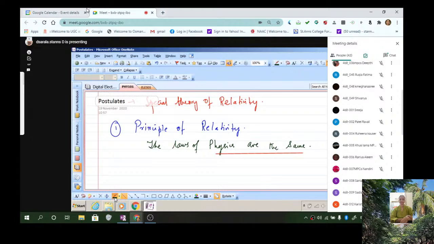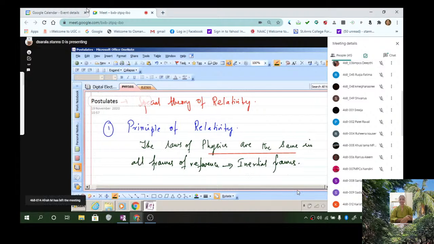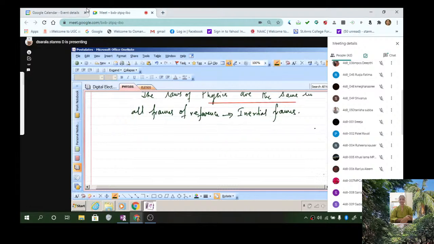The laws of physics are the same in all frames of reference. When you say this, laws of physics are the same, what are we referring to? We are referring to what is known as inertial frames. So we can say that these frames in which laws of physics are the same are called inertial frames of reference.